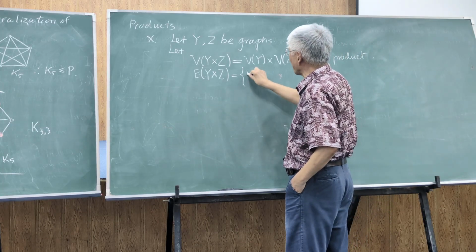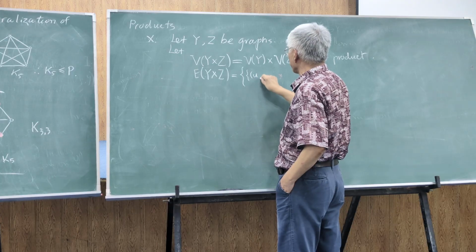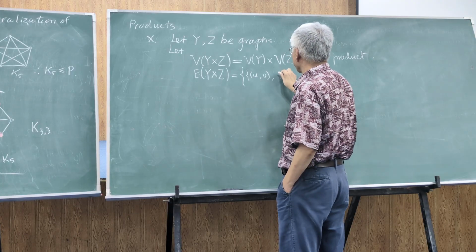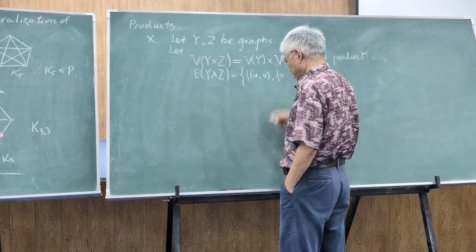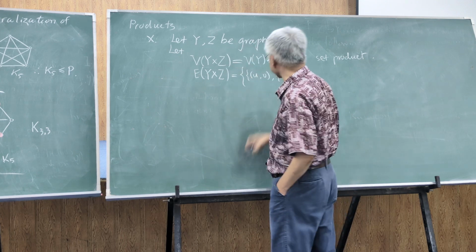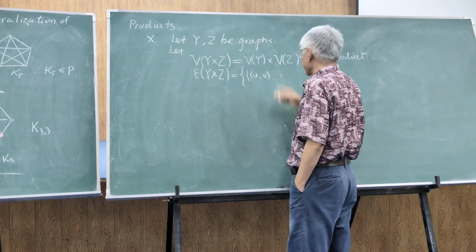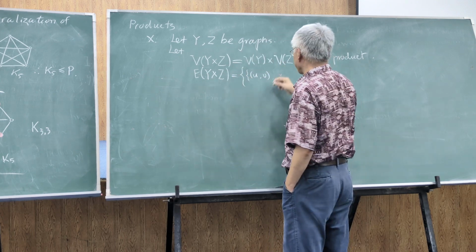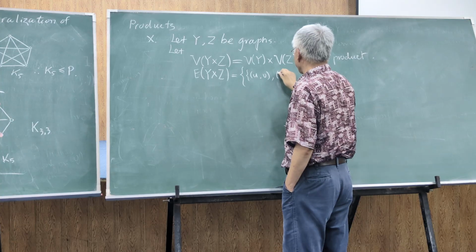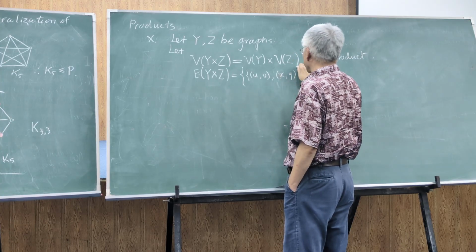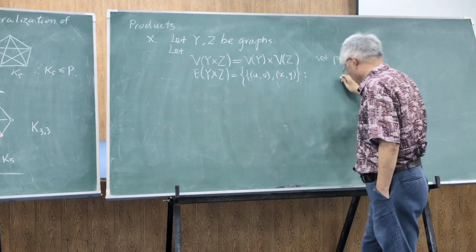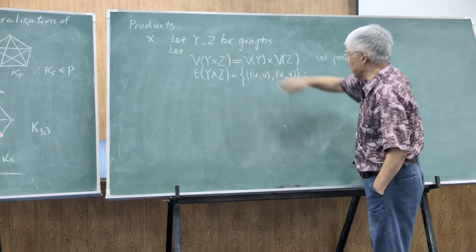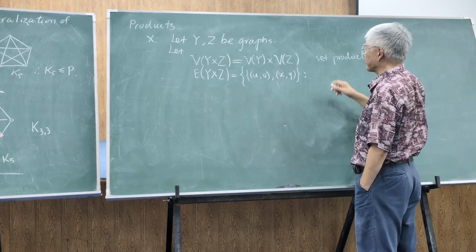It's a set of two ordered pairs, U, V, X, Y, ordered pairs. This is the vertex in that.